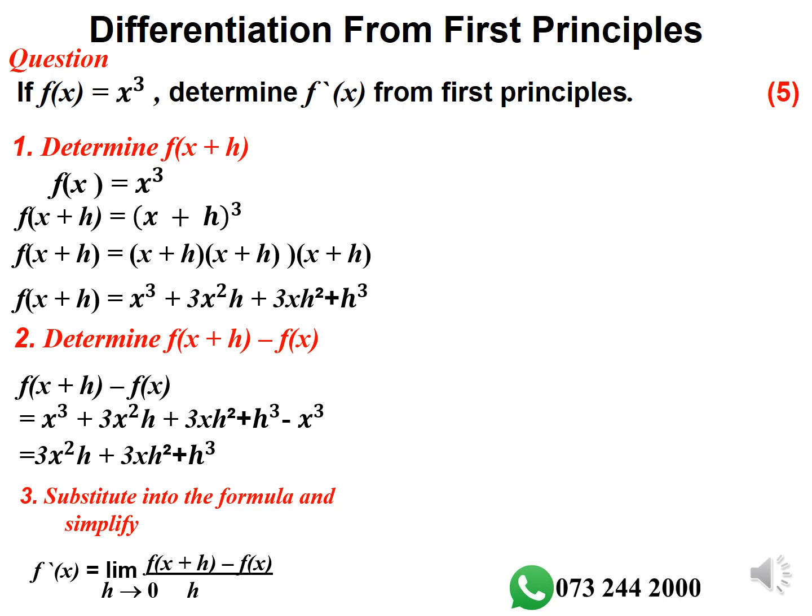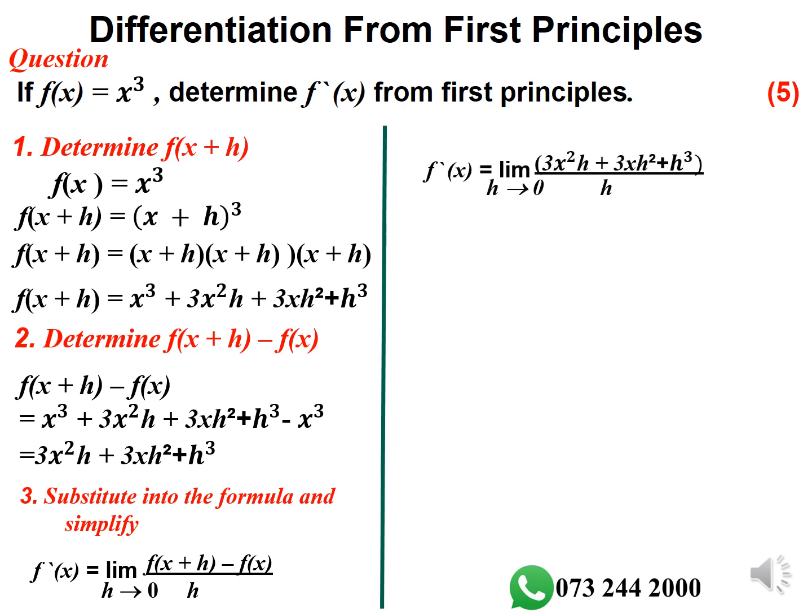Now, if you look at our expression, you'll see that in the numerator here, we have got f of x plus h minus f of x, which is exactly what we have calculated in step 2 in our previous calculations. So when we do our substitution, we're just going to take this expression that we calculated in number 2 and plug this one into the entire numerator of our expression.